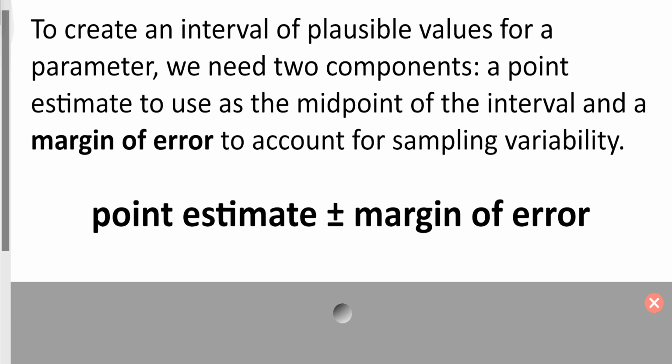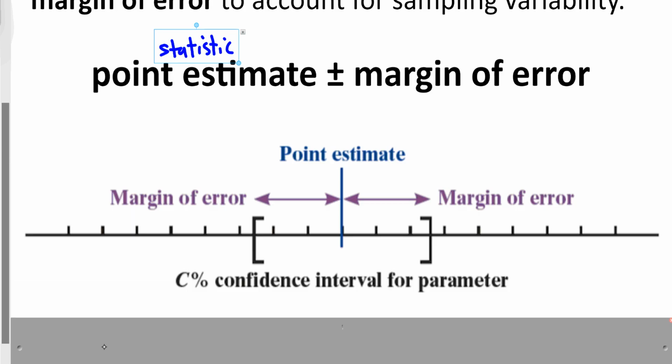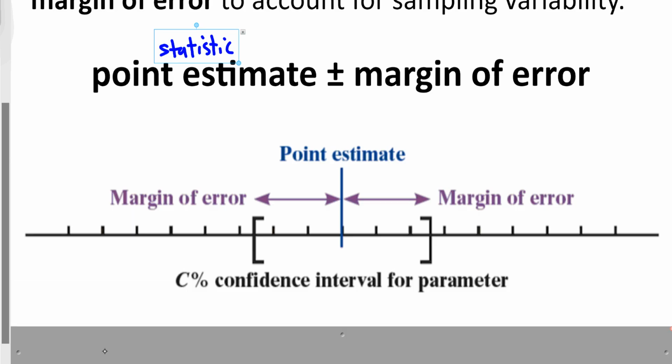Okay, so the point estimate, again, is our statistic. We talked about those before. Plus or minus. So whatever range it falls into, let's say we have this confidence interval. The point estimate is right there, and we have the same size margin of error on either side. So if the margin of error is 2, then it's going to be 2 on each side of that point estimate. And that's what makes that interval or that range.